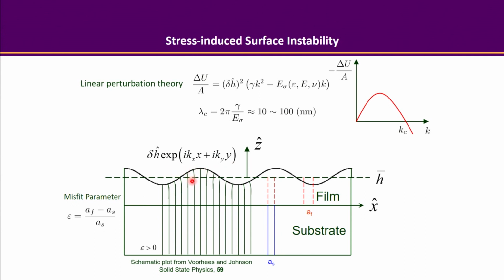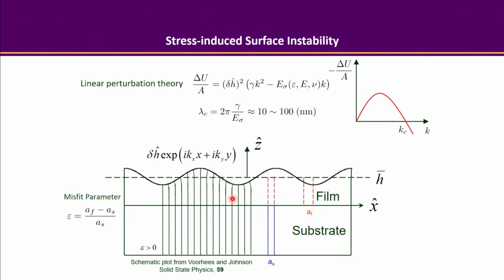Which means the lattice plane of the film can expand freely toward its free lattice parameter, right? It's like a fan, just like spreading out a fan. You can see all the lattice planes being spread out a little bit. But due to that effect, you are expecting the lattice spacing around the trough is being compressed more, right?